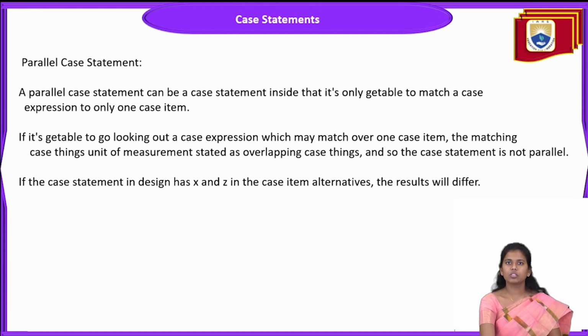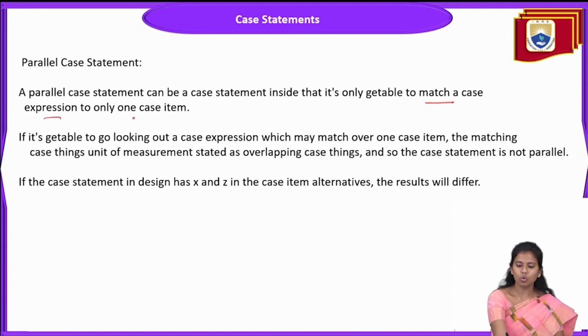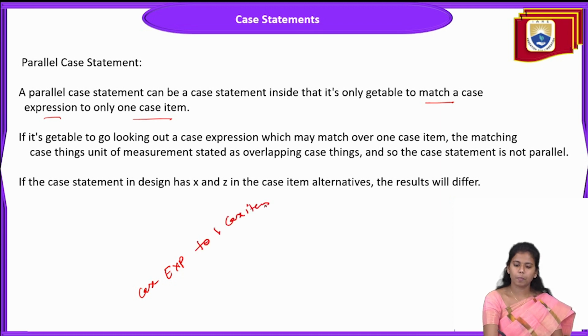Okay, then coming to the parallel case statement. So what is this parallel case statement? It is a case statement where it is only gettable to match a case expression to only one case item. So, matching a case expression to one case item.